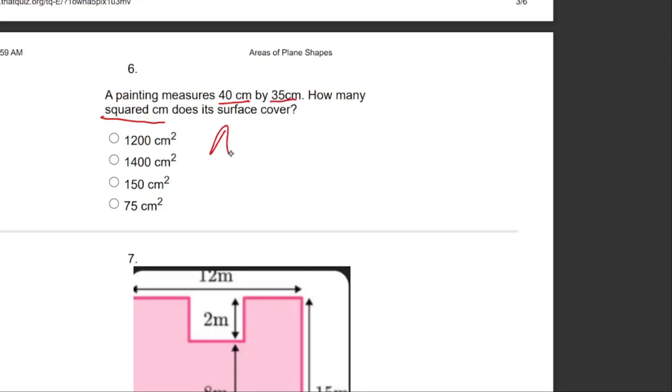So that means the area covered is equal to what? 40 multiplied by what? 35. So 40 times 35 is equal to 1,400 centimeters squared, which is option B.